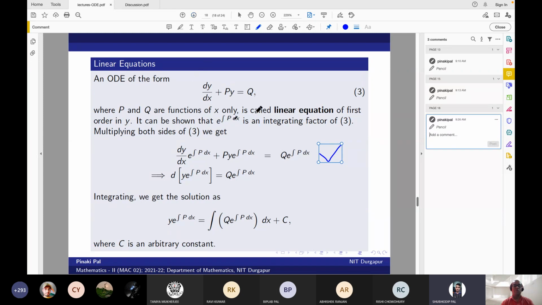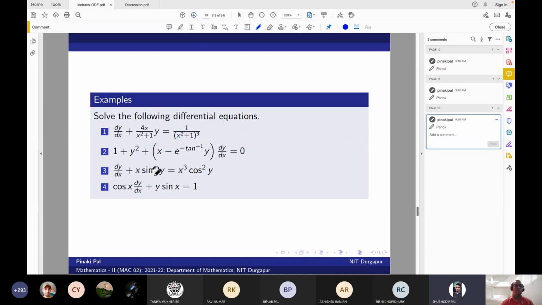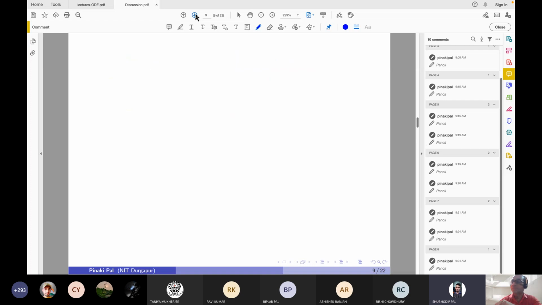You have solved many problems of this type of differential equation. Some problems I have listed over here. I will show you how to solve the first and second equations. dy/dx + 4x/(x² + 1) y. So let me write the equation.